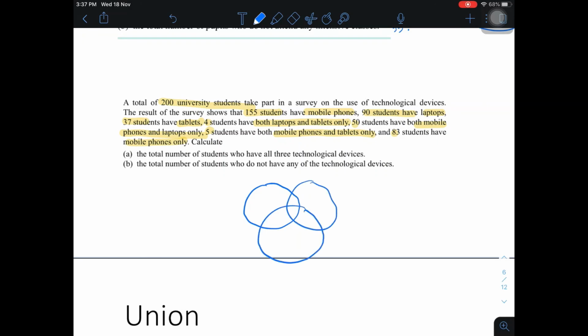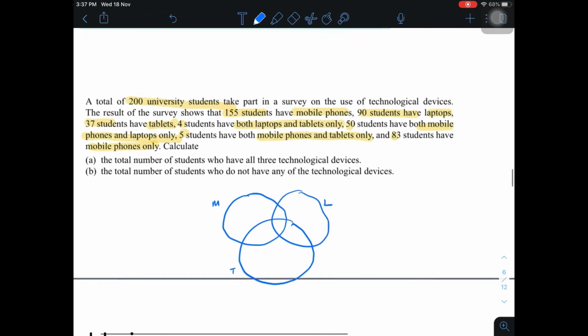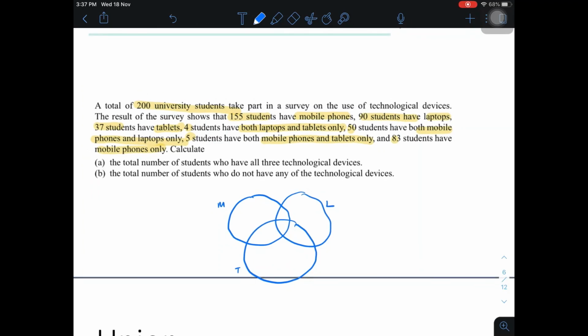Alright. So label this as mobile phone, laptop and telephone. Based on this, we have 50 people that have mobile phone and laptops, 50. And then laptops and telephone would be 4. This would be 5. And so we understand that 155 students have mobile phones.